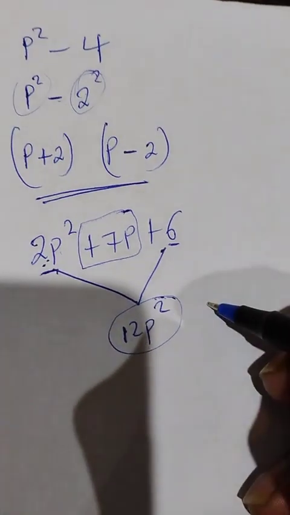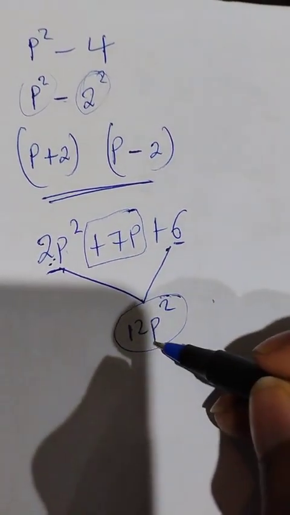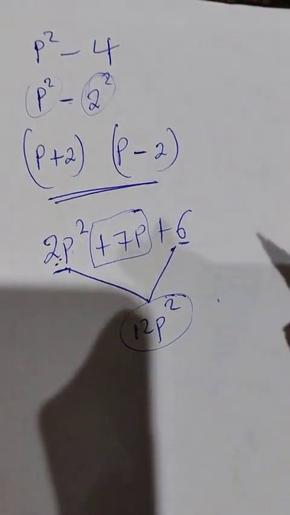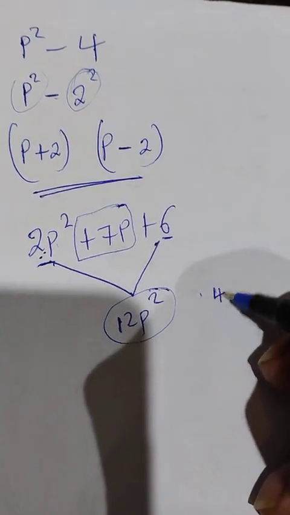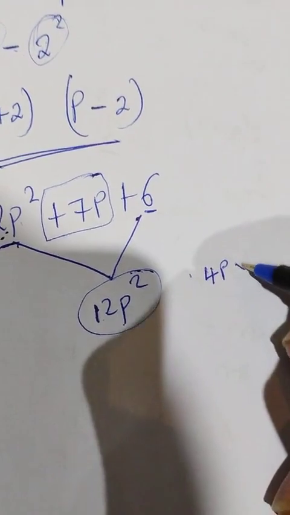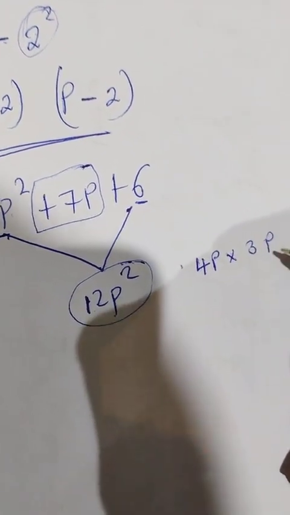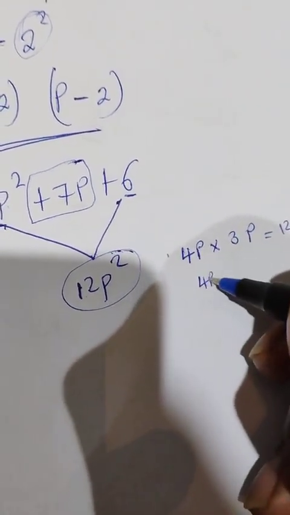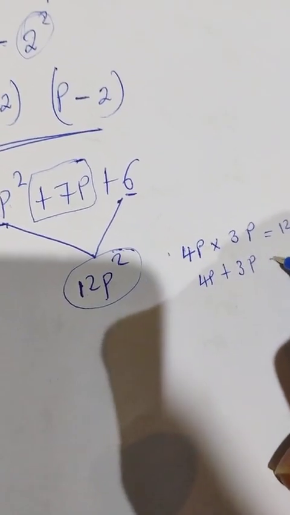So if we multiply 4 times 3, we get 12. If we add 4 plus 3, we get 7. So if we say 4p times 3p, we get 12p squared. If we say 4p plus 3p, we get what?